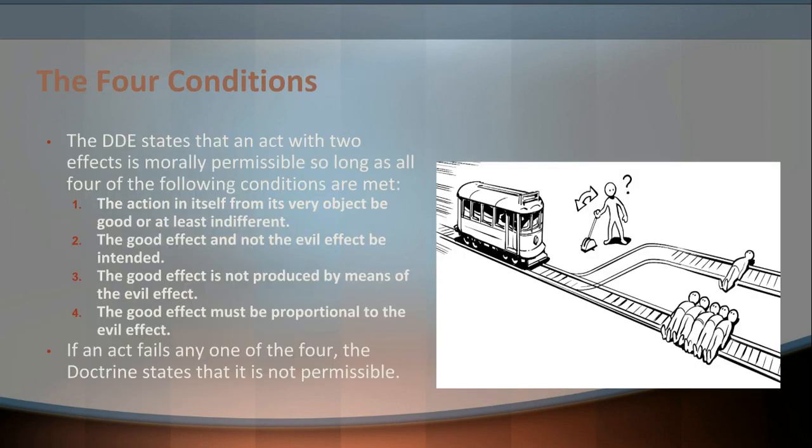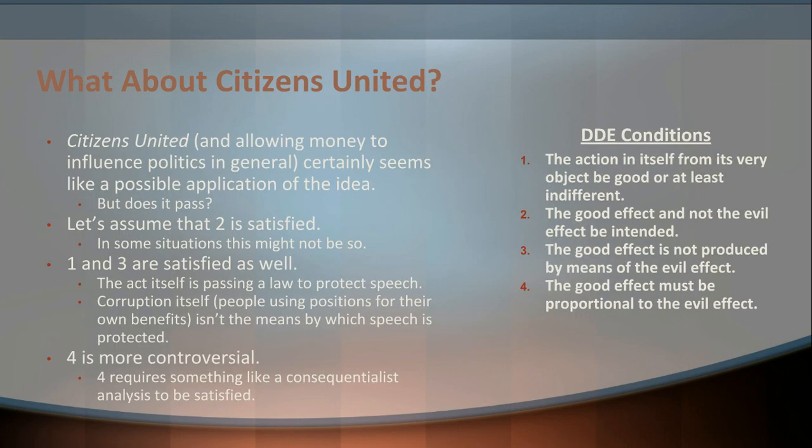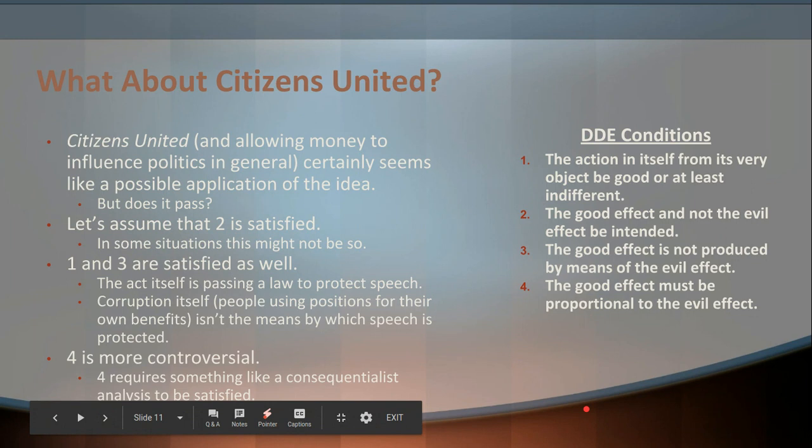It works in explaining the 2 trolley car scenarios. It helps apply to these, and it shows the difference between these. But how well does it apply to the Citizens United type case or these corruption type cases? We can ask, does the Citizens United decision actually pass? So if we have the conditions over here, let's just run through these and see what we can do.